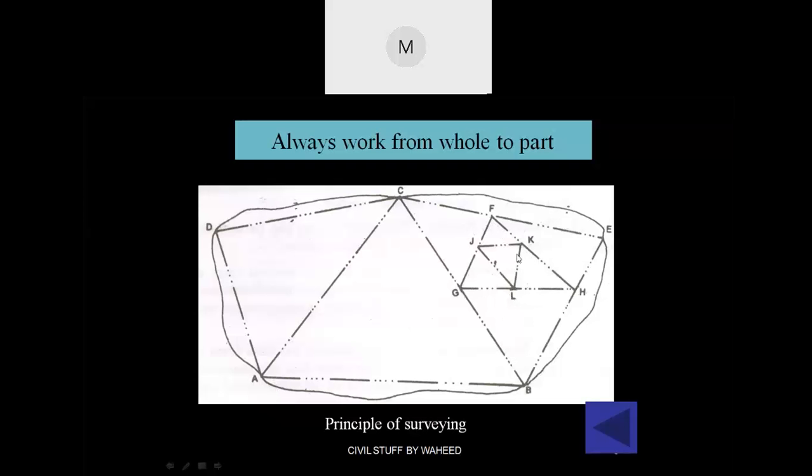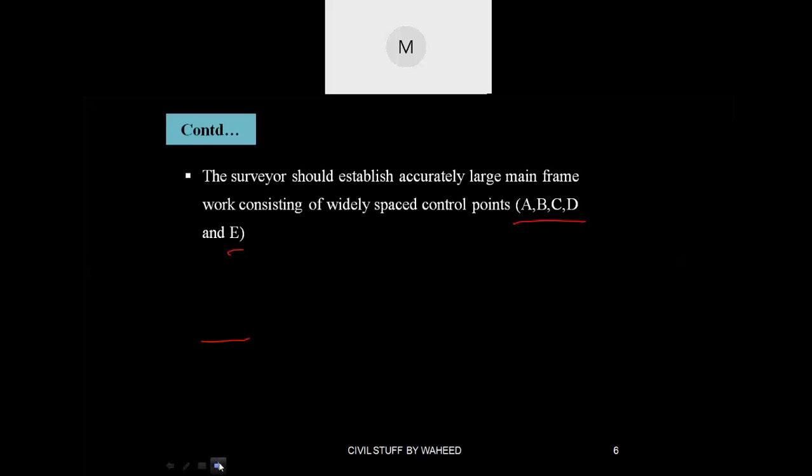This series of connected survey lines, like that you are forming a network of lines. Those are nothing but the principle of chain surveying. What is the principle of chain surveying? Forming a number of small triangles like that.